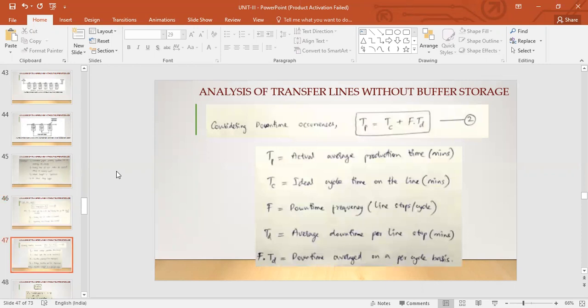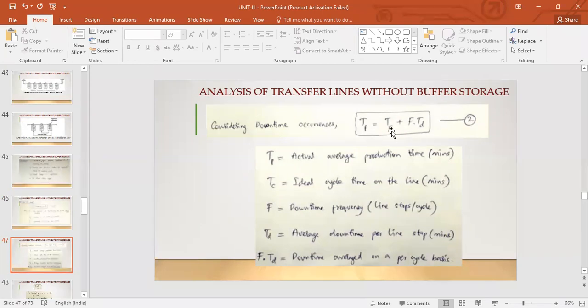Now considering the downtime occurrences. We know downtimes are part of the process. Downtimes happen, I told you various reasons. So if you want to consider that, you have this formula. TP is TC plus F times TD.